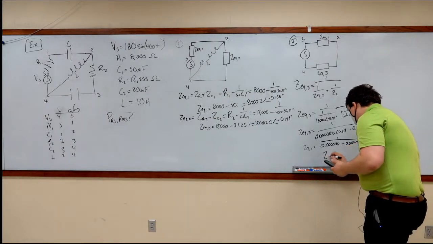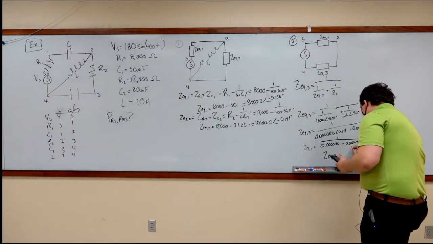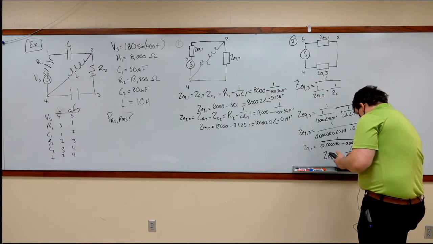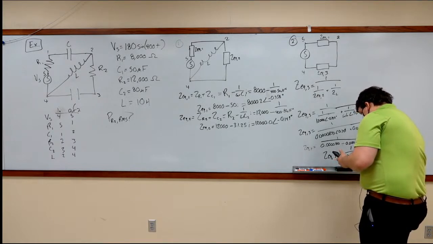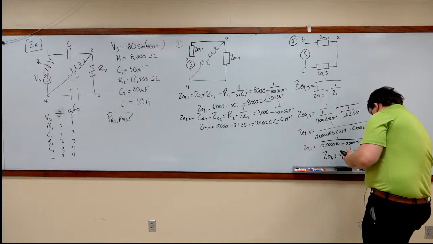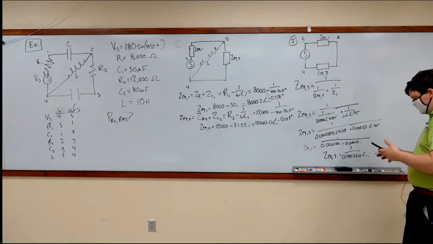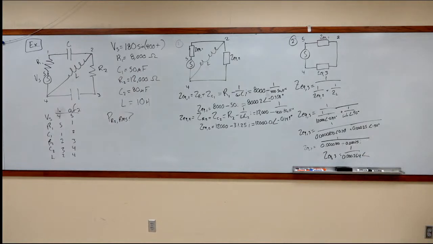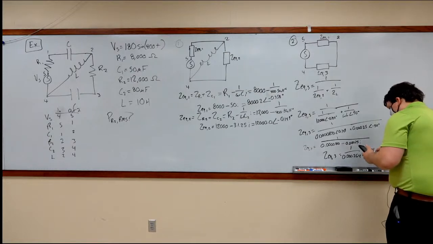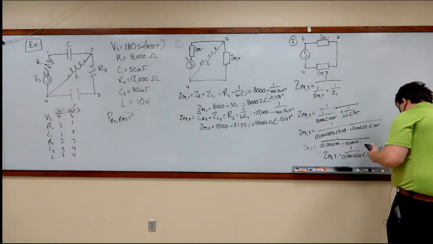If we combine those into one vector, ZEQ3 is equal to 1 divided by 0.000264 at an angle of negative 71.57 degrees.